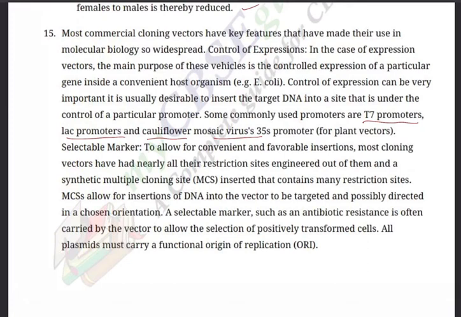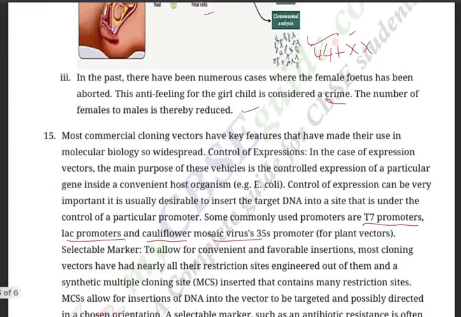MCS allows for insertions of DNA into the vector to be targeted and possibly directed in a chosen orientation. A selectable marker, such as antibiotic resistance, is often carried by a vector to allow the selection of positively transformed cells. All plasmids must carry a functional ORI, origin of replication.